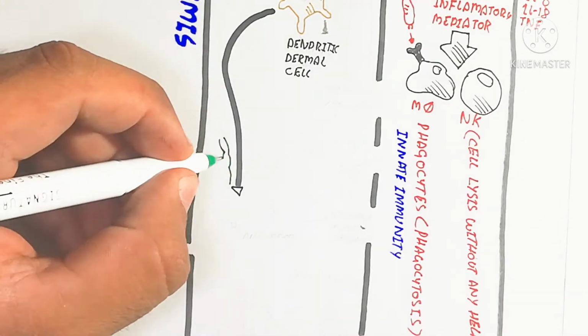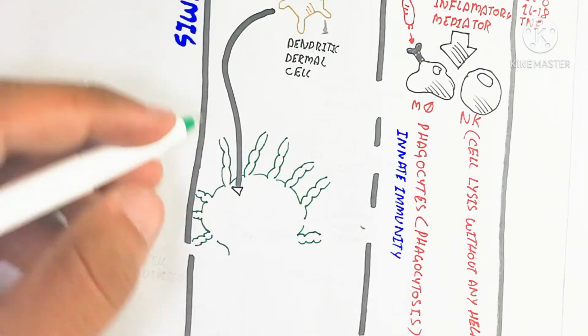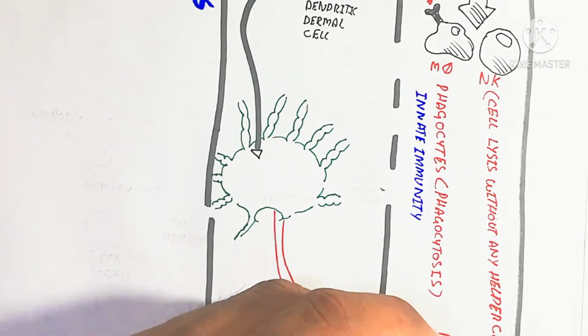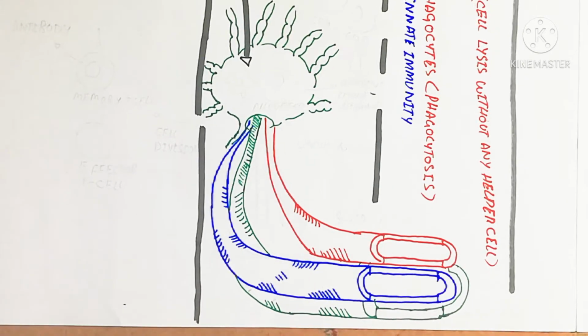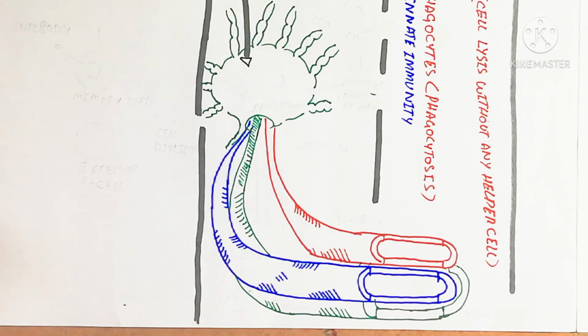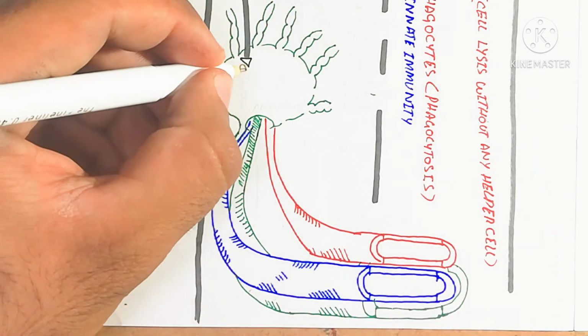Here is the dendritic dermal cell, which goes into the lymphatic system to activate the adaptive immunity. That was the innate immunity, which is active from birth.